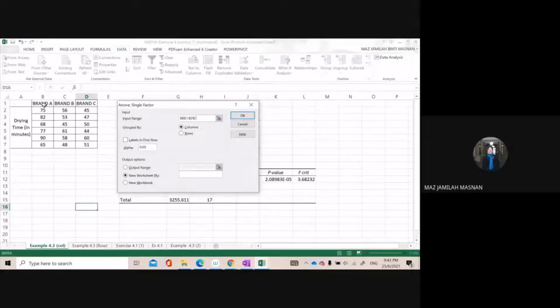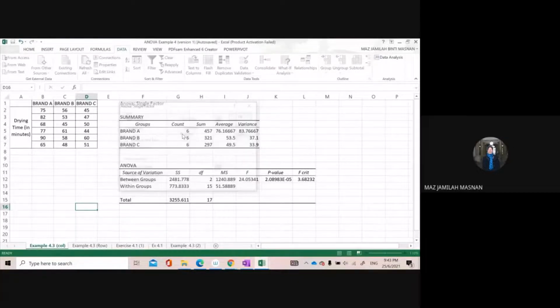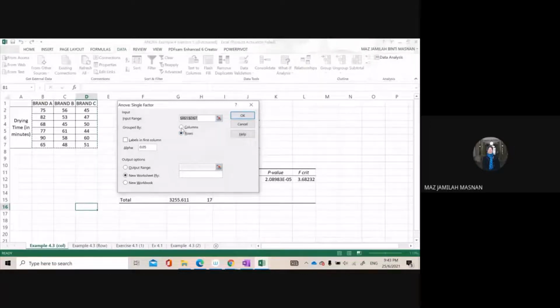Now, I have my data in column-wise, so click Columns. Don't click Rows, because if it is rows, then everything is wrong. Then I have my column names in the first row, so click Labels in First Row. Then I have my alpha. Since we are using 0.05, then put 0.05.